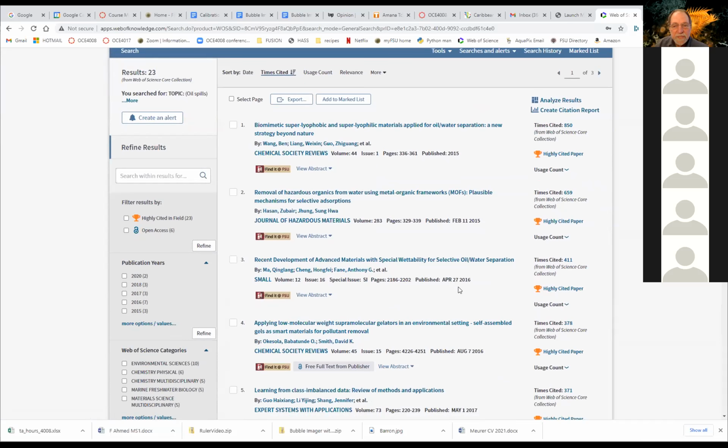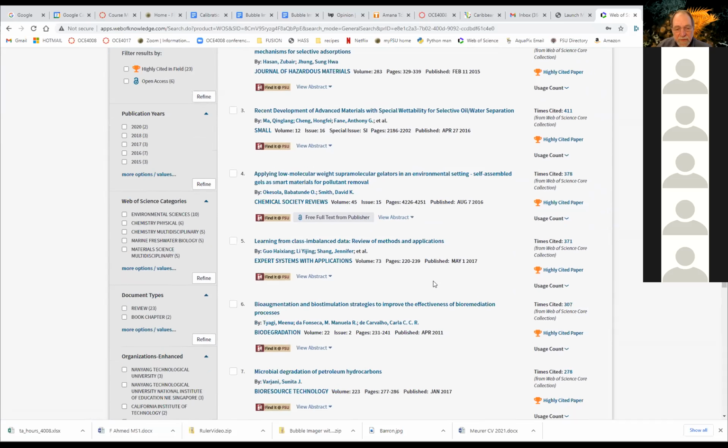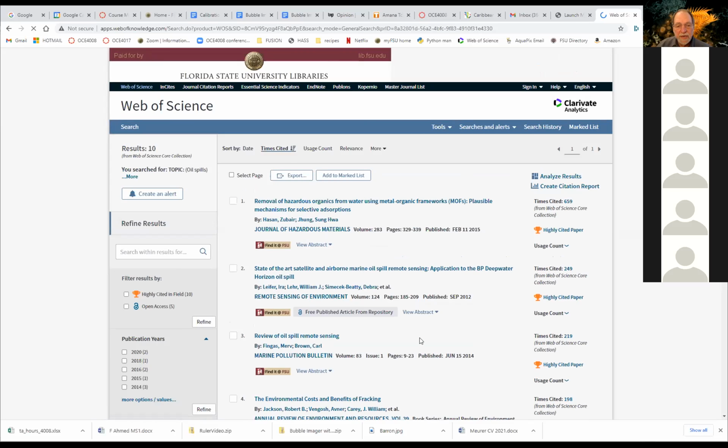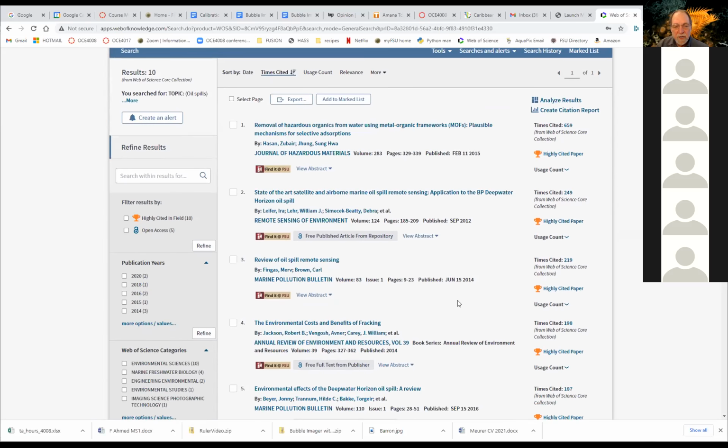So we've gone from 16,000 down to 23, and we still want to refine this a little bit more. We're not interested in the physical chemistry, we're not interested in material science, multidisciplinary. We just want to focus on the environmental sciences. If we do that, we end up with 10 review articles.